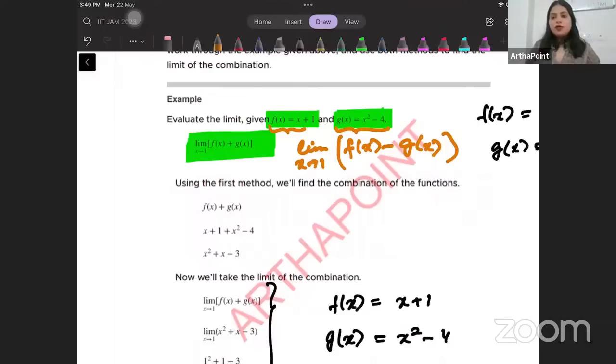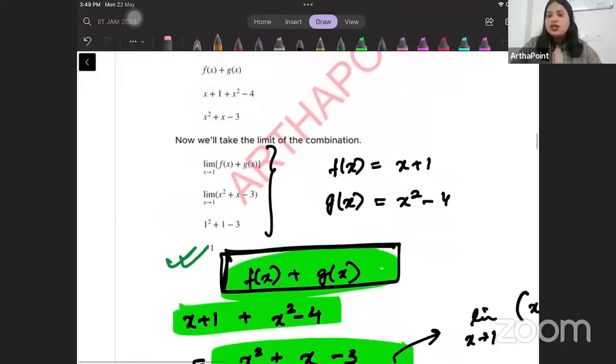Okay, I hope all of you have been able to find what f(x) minus g(x) will be. Post your answers in the chat window. Let's see what your answer is coming.